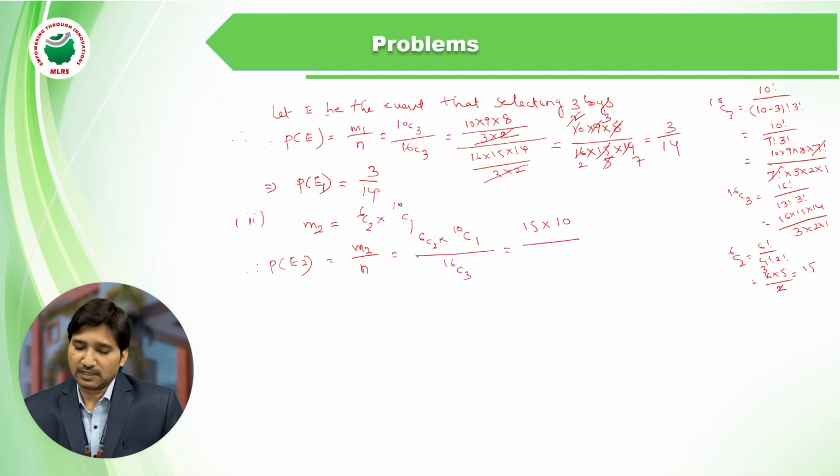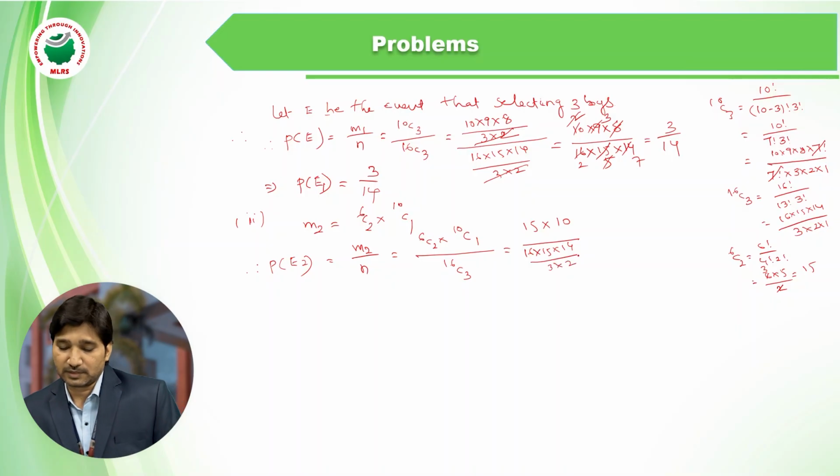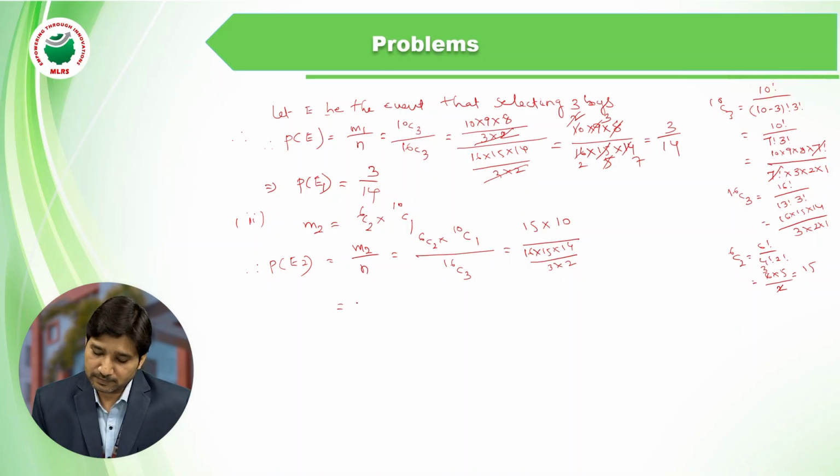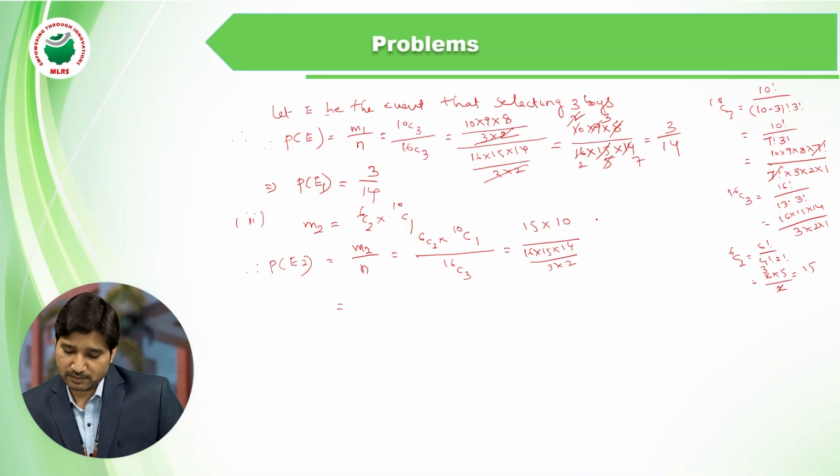16C3 we already know by simplifying: 16 into 15 into 14 divided by 3 into 2. Now simplifying this, 15 we already know the simplification.